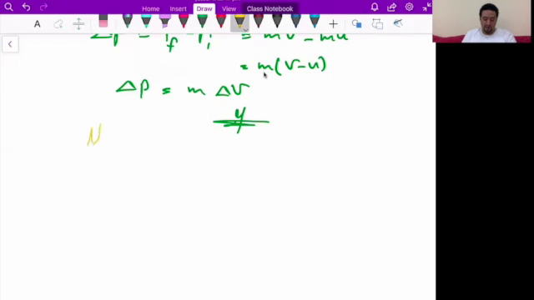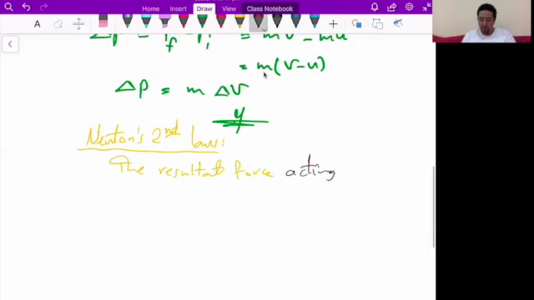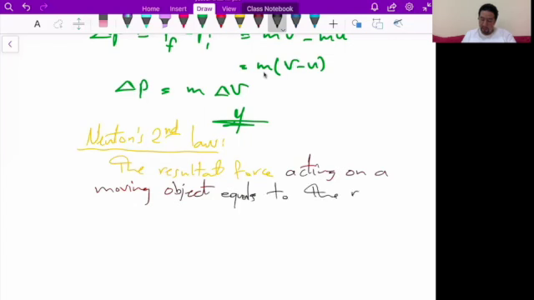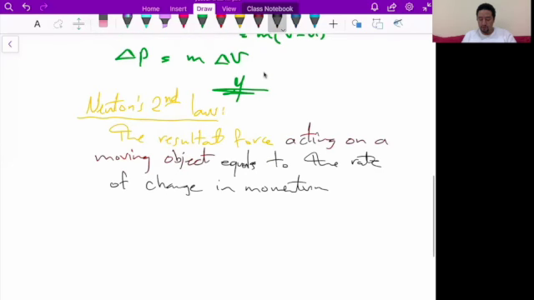According to Newton's second law, the resultant force acting on a moving object equals the rate of change in momentum.